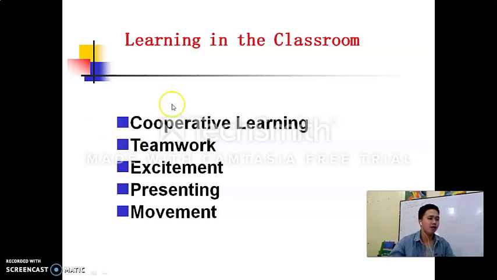So, kapag mayroong cooperative learning, mayroong teamwork, mayroon tayong excitement na na-establish, and when we try to present, like we do reporting and a lot of dramatizations, mga role-playing, at saka meron tayong movement na nagaganap inside the classroom. So that is a concrete example that inquiry-based is applied.